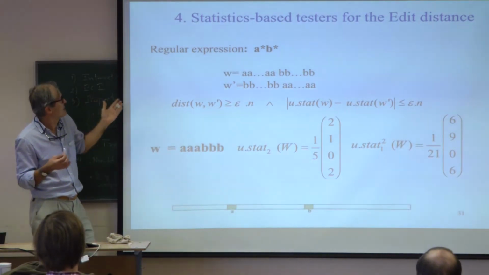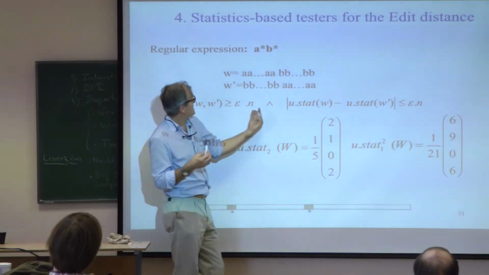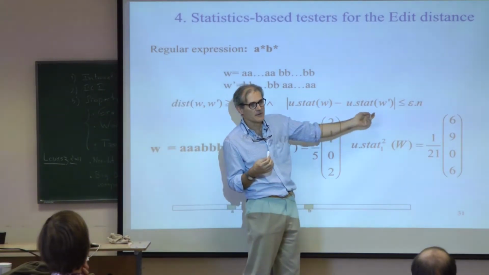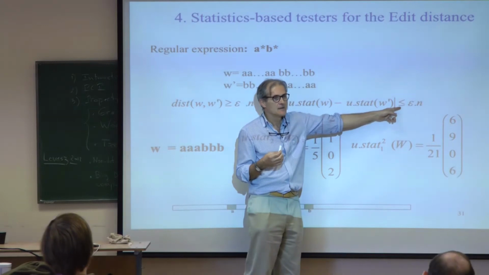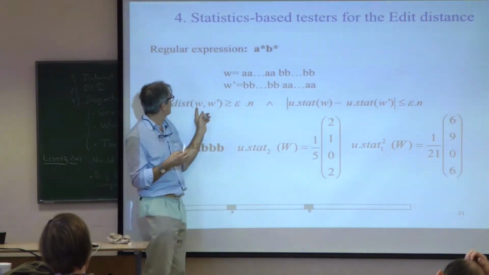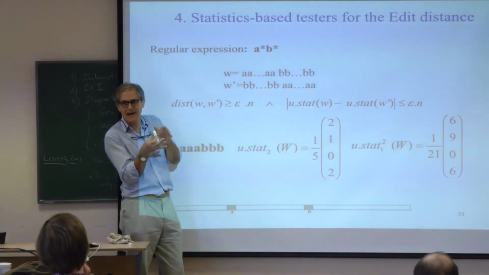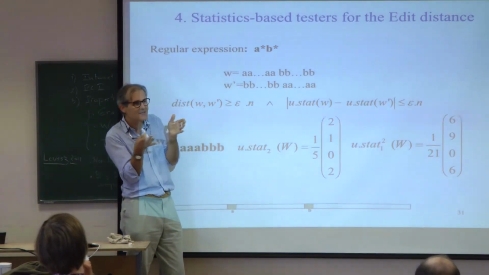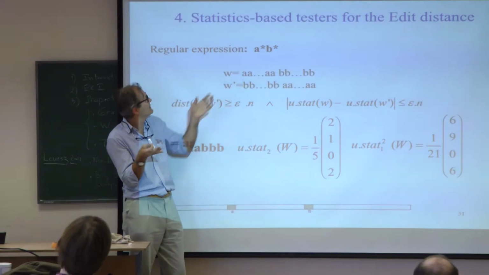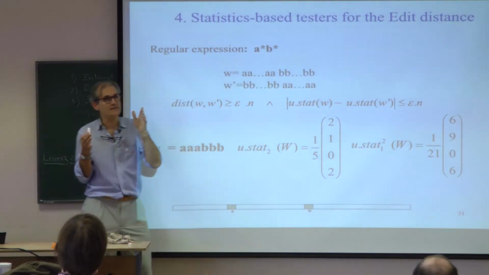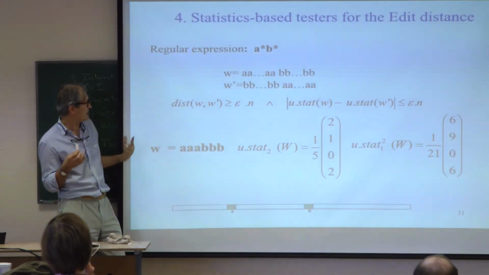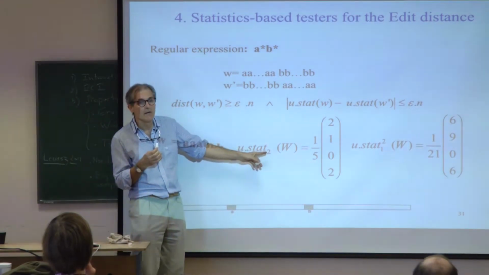What we have seen is that the U-stat vectors should be close, and yet the edit distance is large. So a U-stat as simple as this can't cope with this regular expression and the edit distance. Now let's introduce the U-stat square.